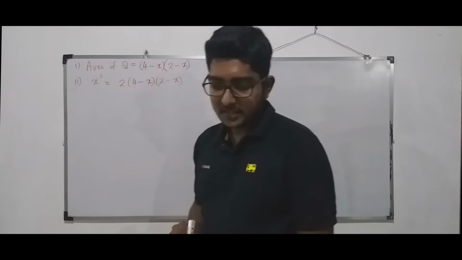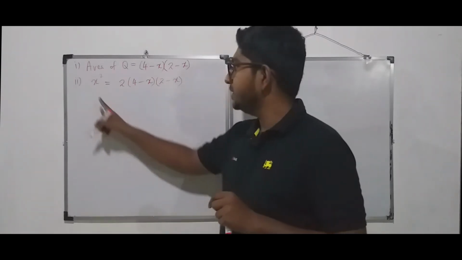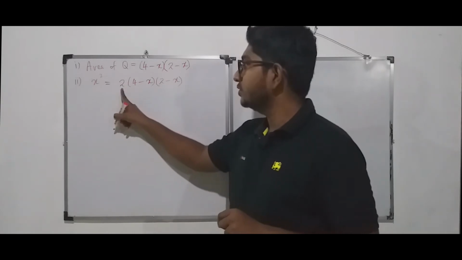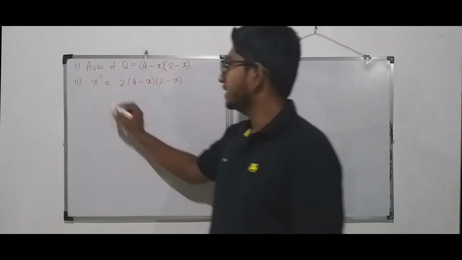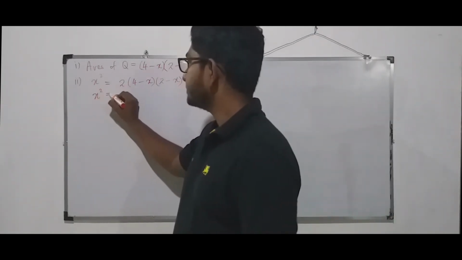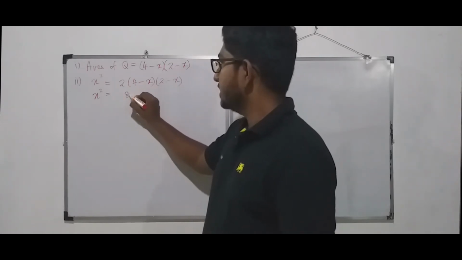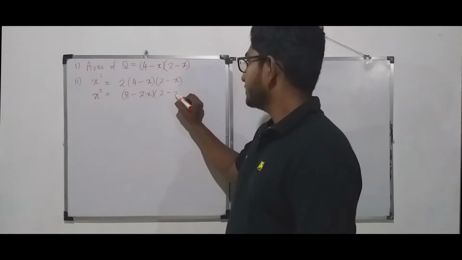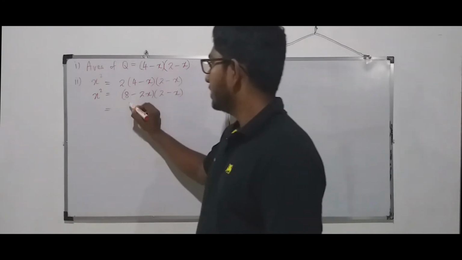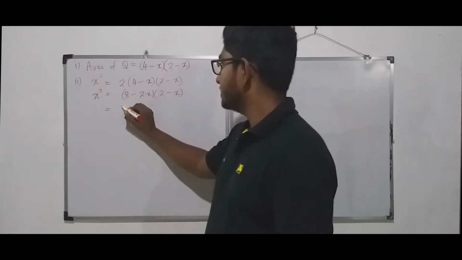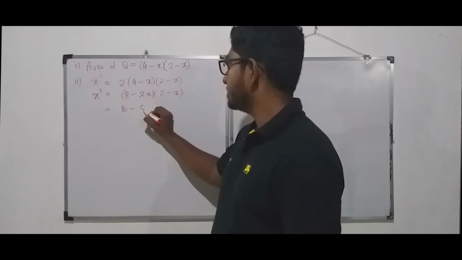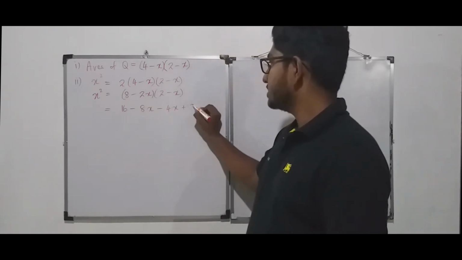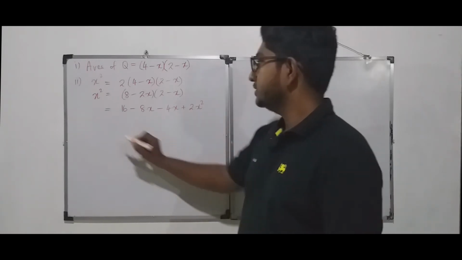Once again I will read that part. The area of P is twice the area of Q. This is the area of Q, twice. Now we can simplify this. This becomes 8 minus 2x within brackets. Again we have to remove these 2 brackets. This becomes 16 minus 8x minus 4x plus 2x squared.